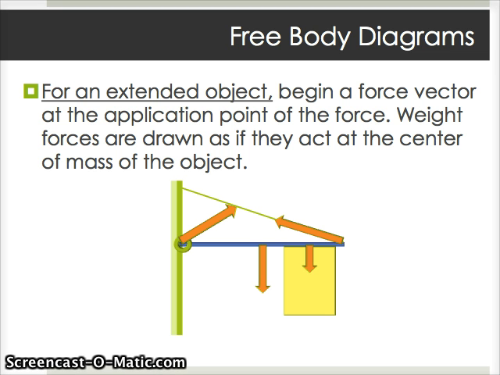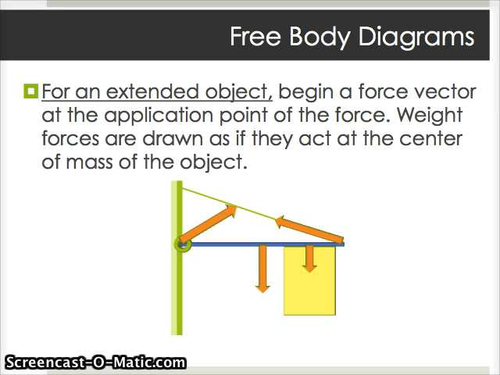Recall too from our earlier discussions that if an object weight is to be considered, like say this one here, this orange arrow would represent the object's weight, that we consider that weight to act at the center of mass of the object, which is usually just the very center of the object itself.